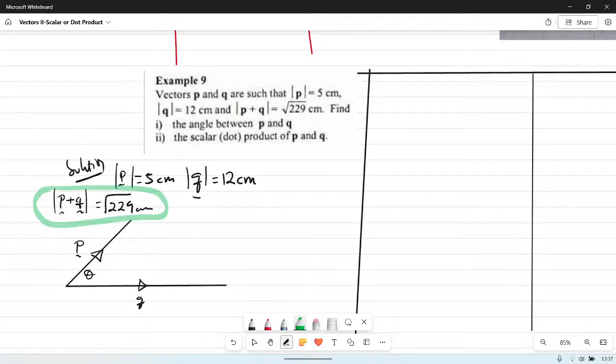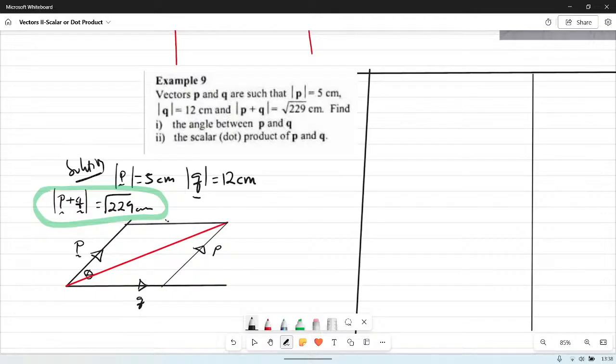When the resultant vector comes in, it means there's going to be another vector from here to this place, such that we draw a line parallel to P. So a line parallel to P, so this is also P, and another line parallel to Q. It forms a parallelogram. Now the angle here on the parallelogram is the same as the angle over here outside the parallelogram.